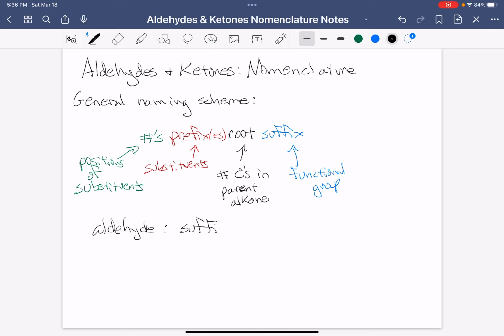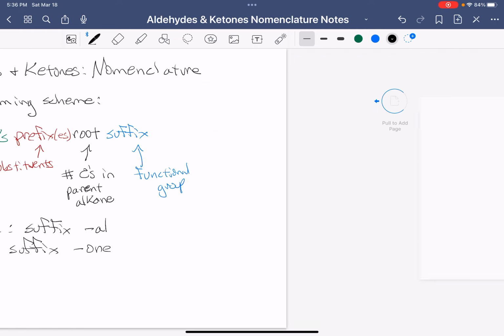And a ketone will have the suffix -one. Yeah, it looks like how you would spell the number 1, but it's pronounced -one. So let's take a look at some examples here.